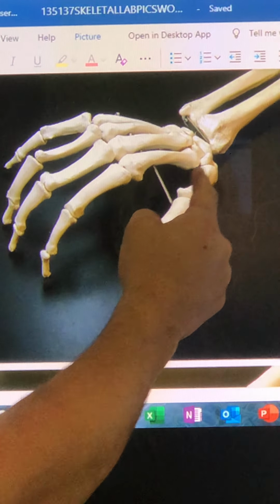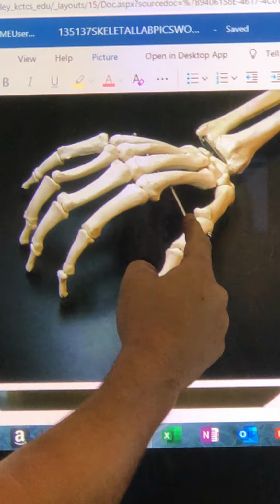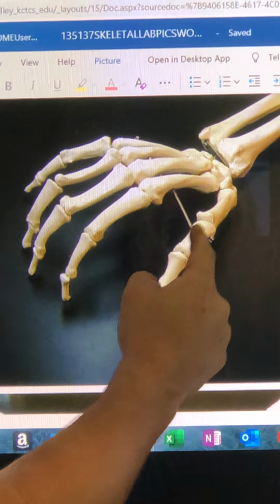Here's the metacarpal, the first metacarpal. Here's the proximal phalange and the distal phalange. So the thumb is an exception to that rule. So what do you think I might ask you on this? To name one of these three bones right here. That will tell me that you know the thumb does not have a middle phalange.